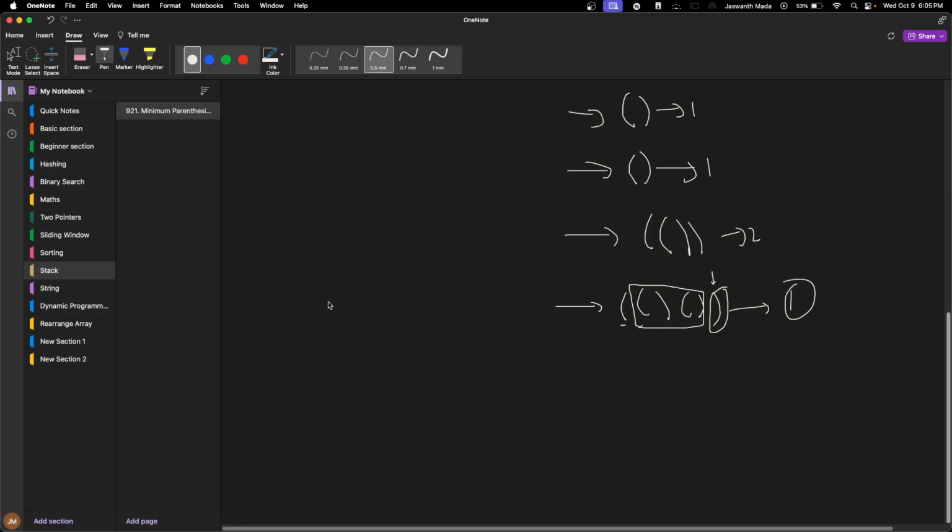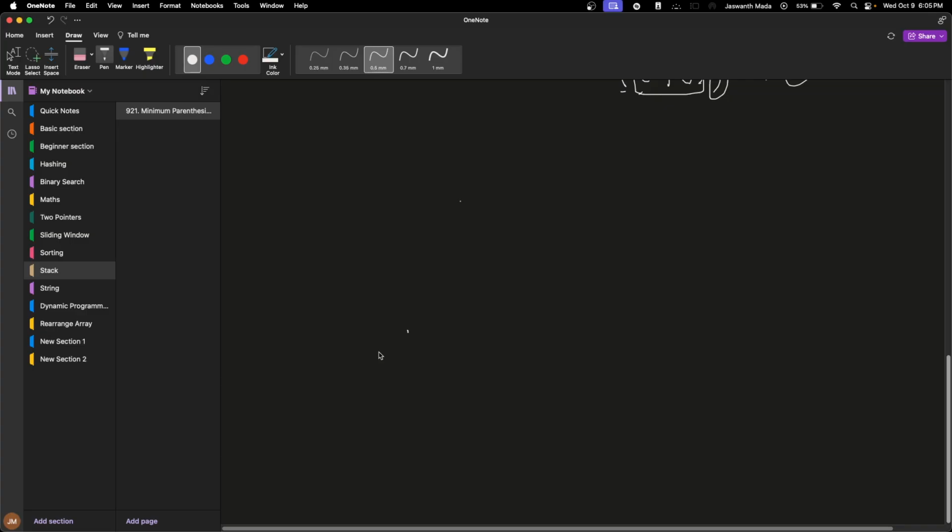So let's look at how we are going to find the number of invalid parentheses. Let's say I have something like this: left, right, and left, and that's it.